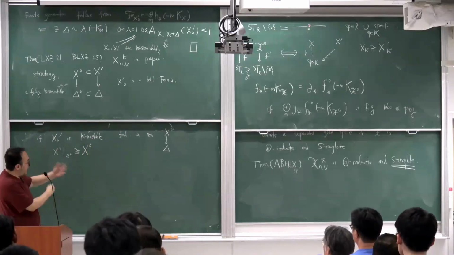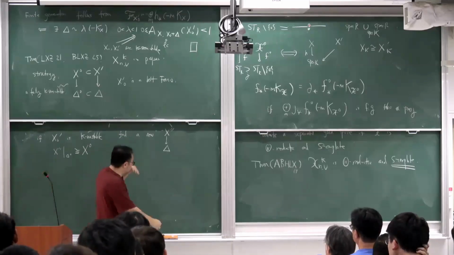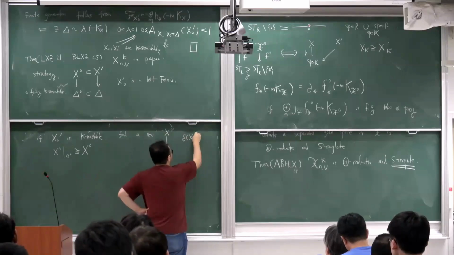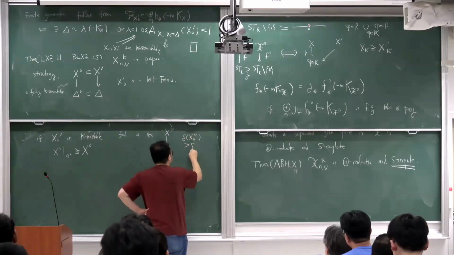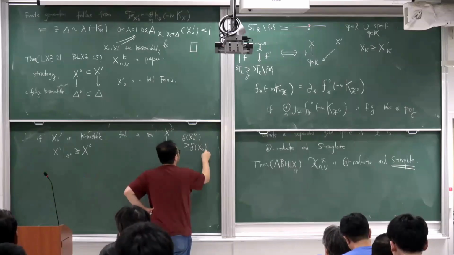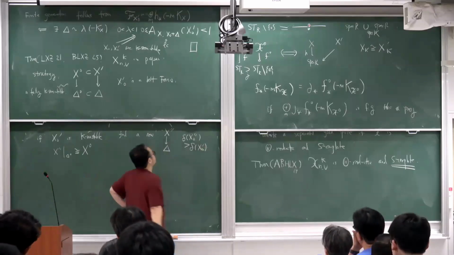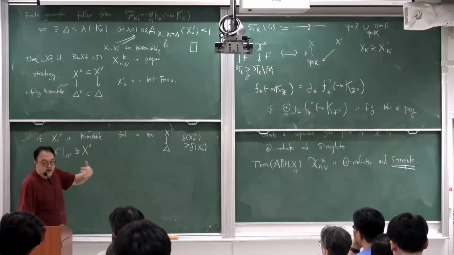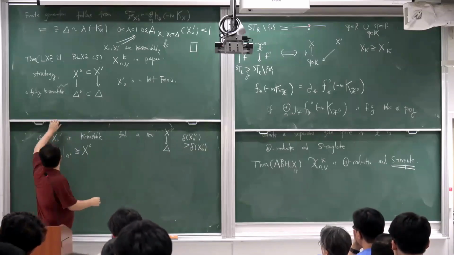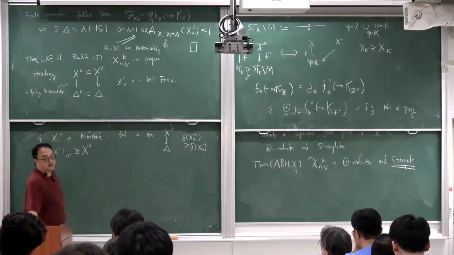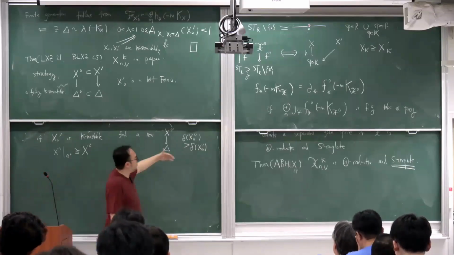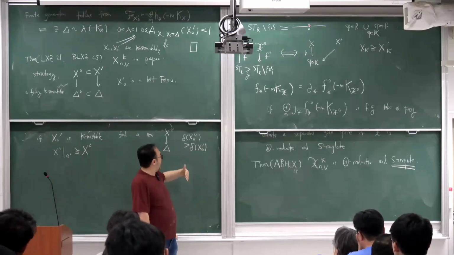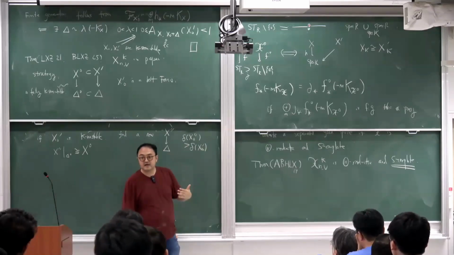But now I change my central fiber such that delta x0 prime is strictly less than delta x0. So if my central fiber is unstable but my general fiber is semi-stable, then I can actually increase the stability of the central fiber.